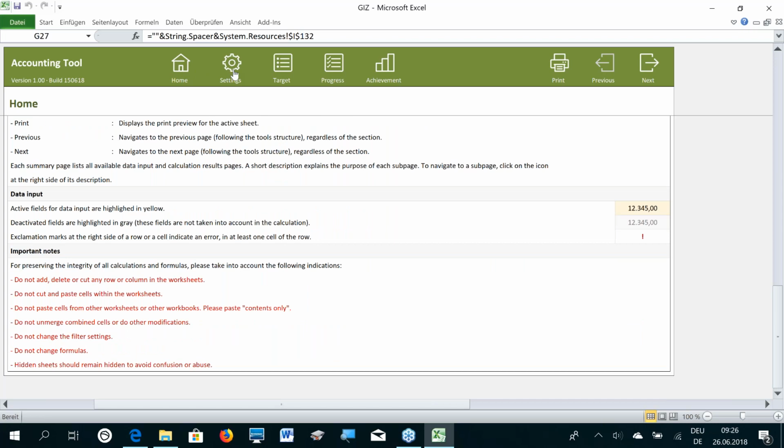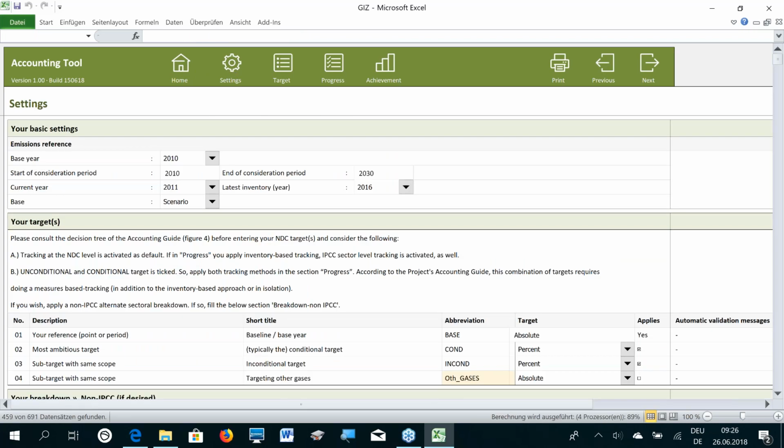So by clicking here on settings, we already jump to the next sheet, and here you introduce your start year of the consideration period, also the base year of your NDC reference point or reference scenario, and you would also indicate from which date your last GHG national inventory dates.